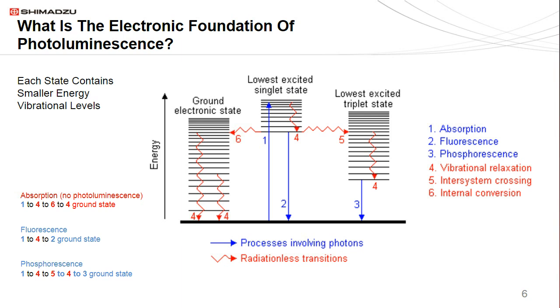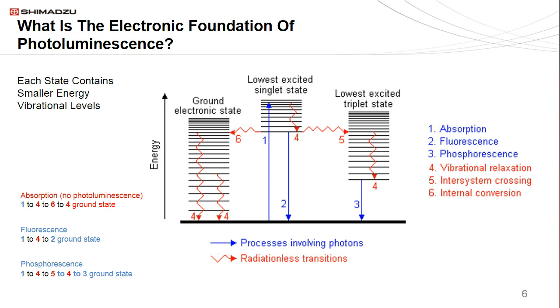So now let's take a look at each of the three interactions we have here. First, absorption with no photoluminescence. The electron goes to 1, back down through 4 to the lowest vibrational level of the singlet state, across through 6, an internal conversion, and then back through the ground state to number 4, and all this energy is being released as heat, not as light.